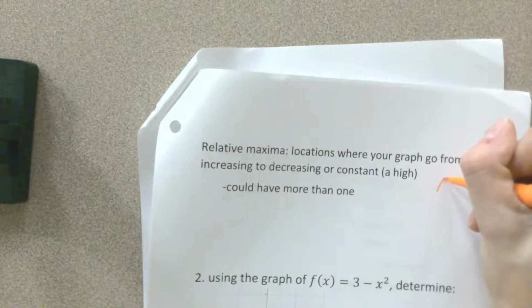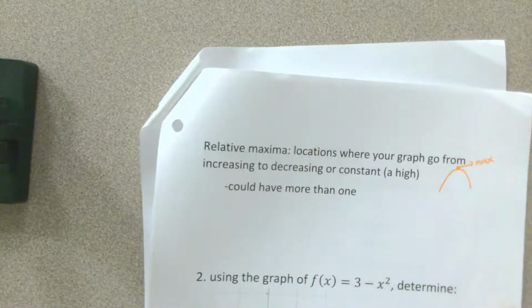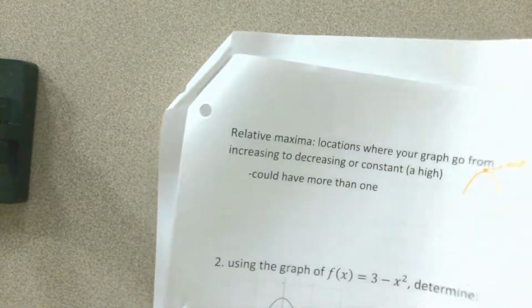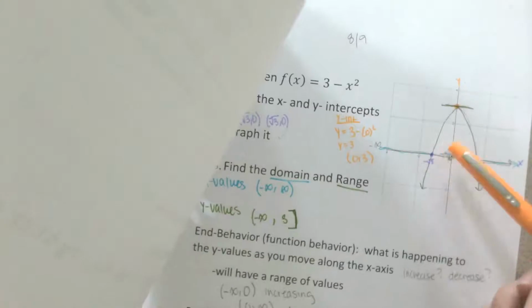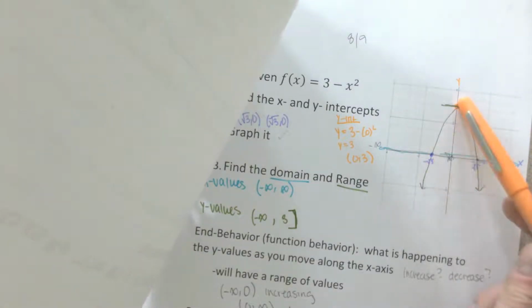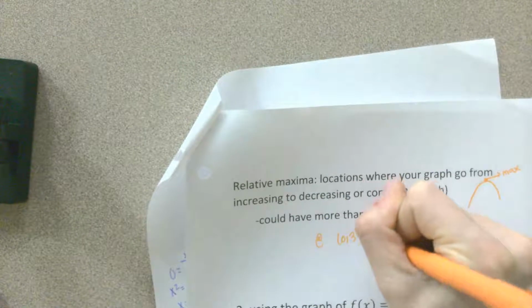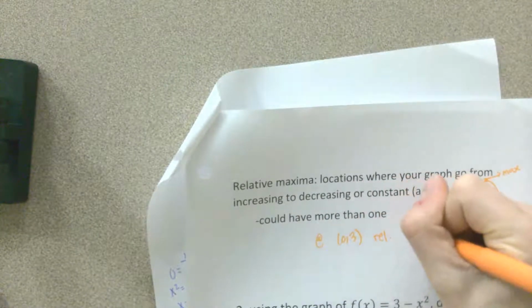So it's increasing, increasing, and then it starts decreasing, and this is a relative max. Looking at this graph again, we have a relative max at the point 0, 3. So at 0, 3, we have a rel max.